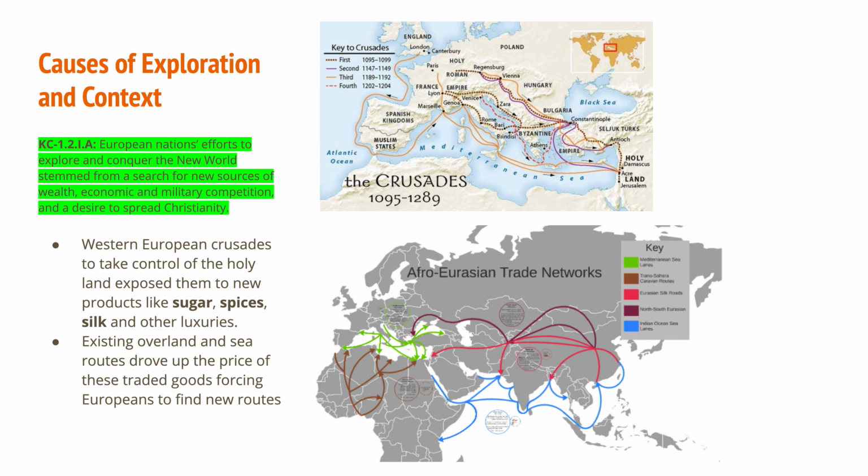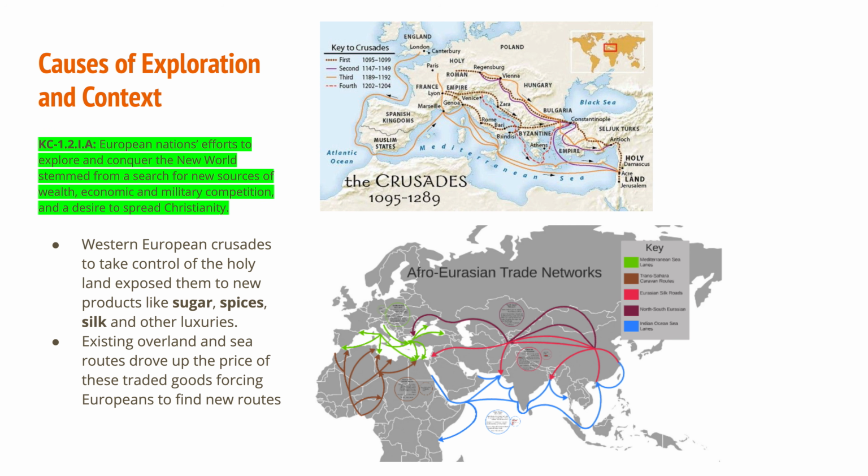The first key concept is European nations' effort to explore and conquer the New World stemmed from a search for new sources of wealth, economic and military competition, and a desire to spread Christianity. So this goes all the way back to the Crusades of the 10th to the 13th century, in which the Catholic powers were trying to retake the Holy Land in Jerusalem.